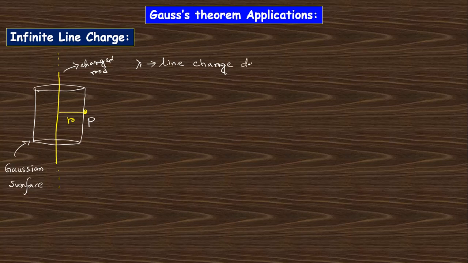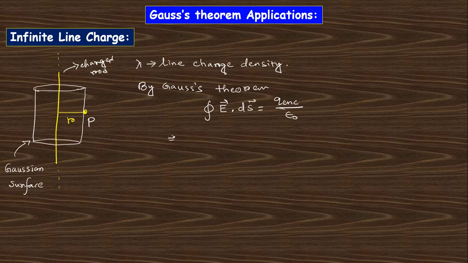Now by Gauss theorem we can write the closed integration of E dot dS equals Q enclosed by epsilon naught.